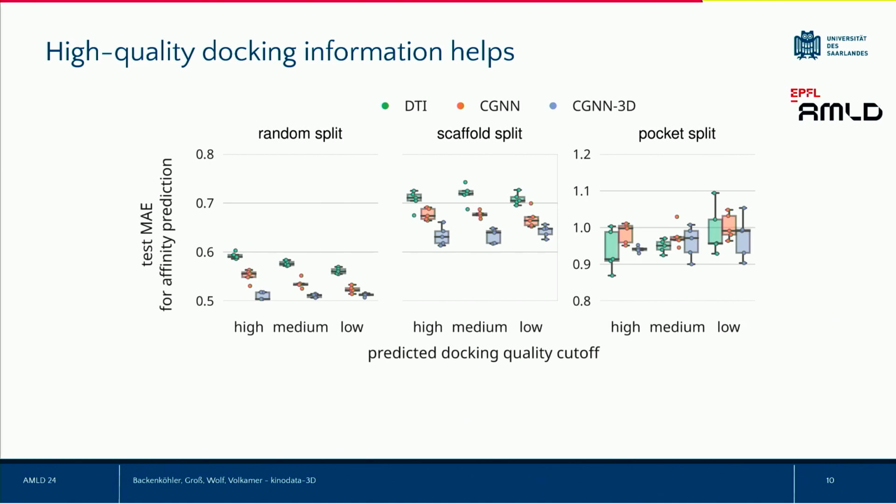If we decrease the quality or include more supposedly or approximately bad poses, you see that it converges slightly. But even if we include these lower quality poses, the structural model still outperforms the two baselines.